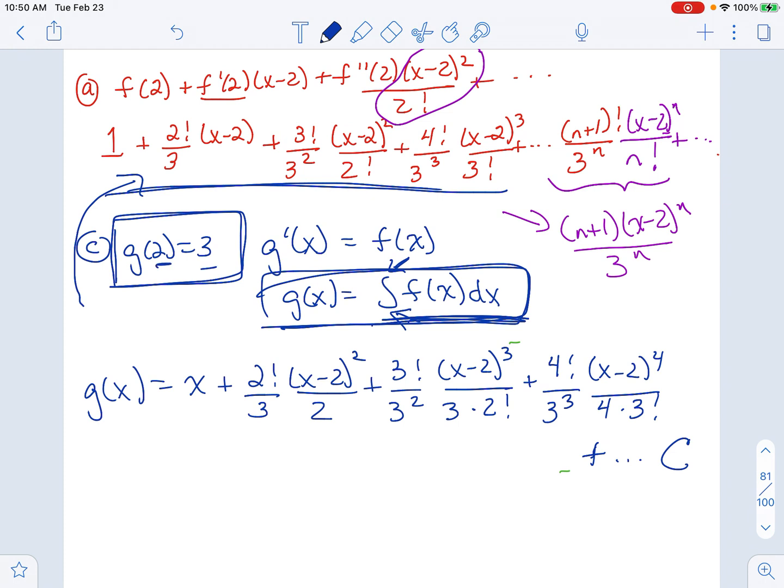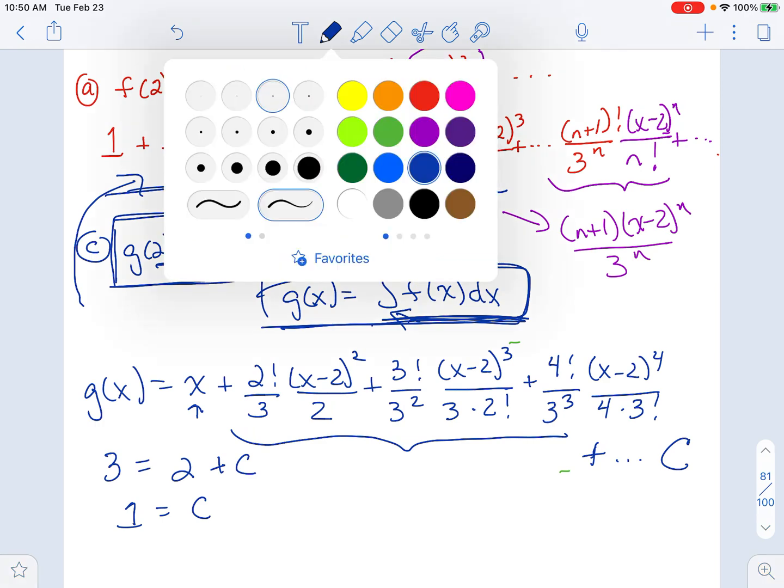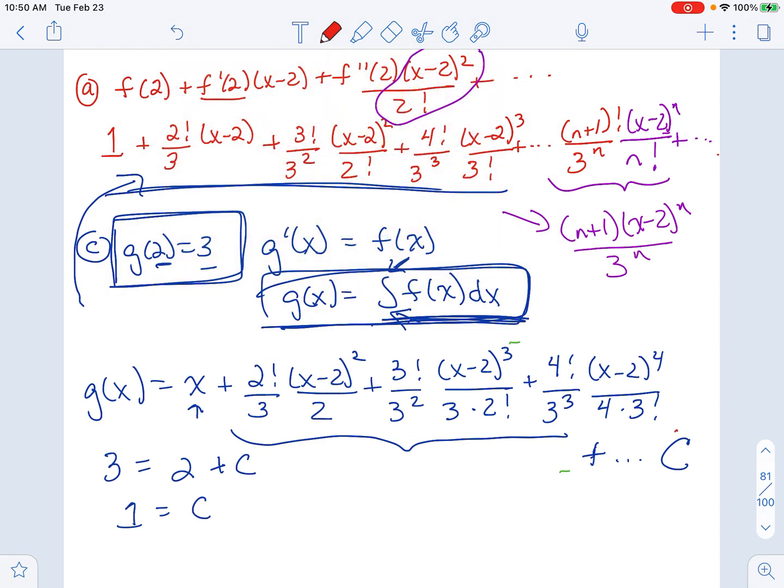So if I plug in 2 for x, I should get 3 here. Notice this becomes 2, but every other term has an x minus 2. So if I plug in 2 for x, all that becomes 0, so all you're left with is this. So I can figure out that c is actually 1. So I'm going to go ahead and replace this c with 1.